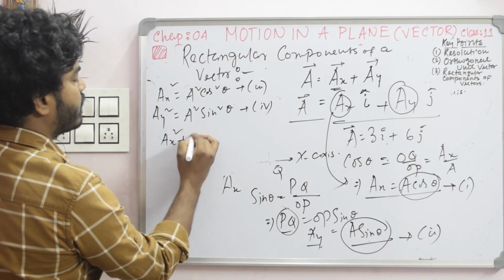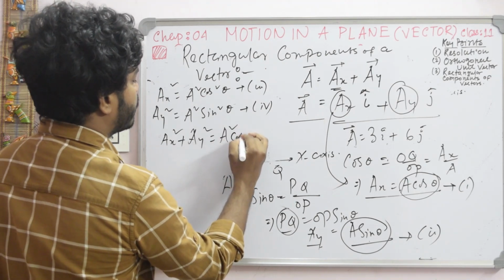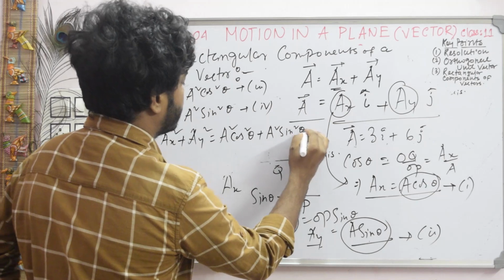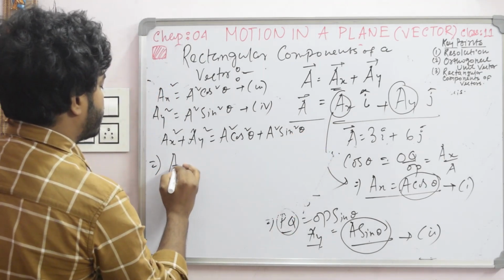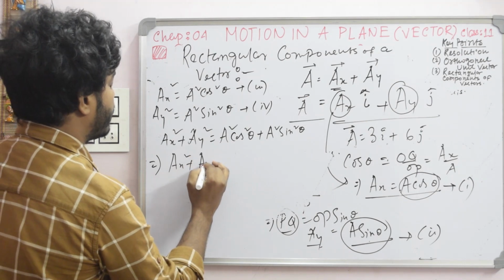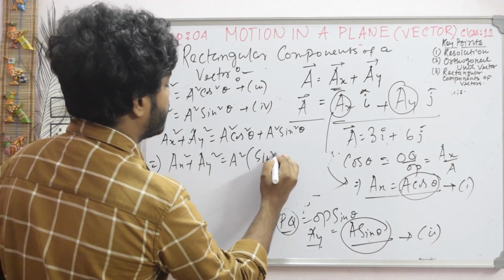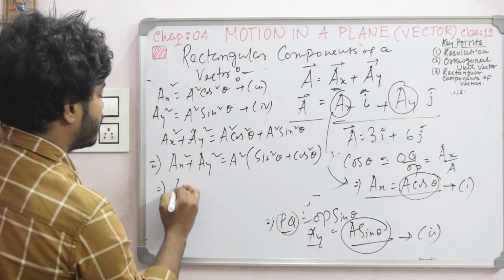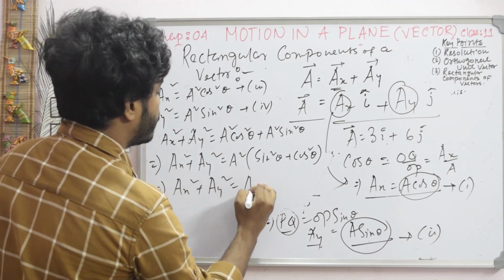Ax square plus Ay square is equal to A square cos square theta plus A square sin square theta. Now A square is common, and sin square theta plus cos square theta is 1. So Ax square plus Ay square is equal to A square.